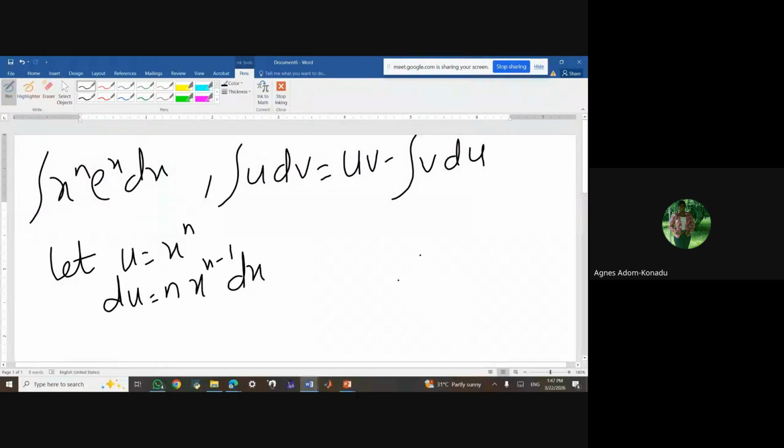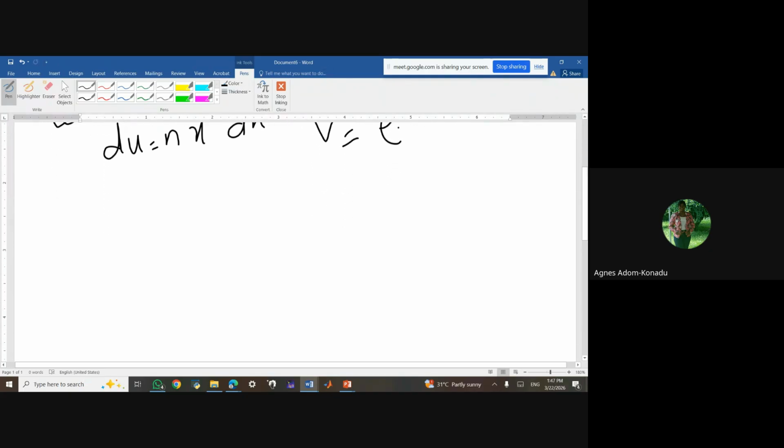In the formula, I need du, so I've gotten du, but I will need v too. So in this, I have dv. So my dv will be e to the power x dx. So let's find v. I will integrate, and my v will be e to the power x. So that is it. So I go back and make my substitution.